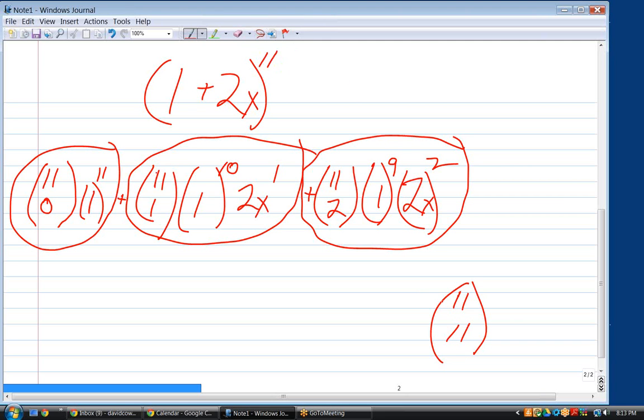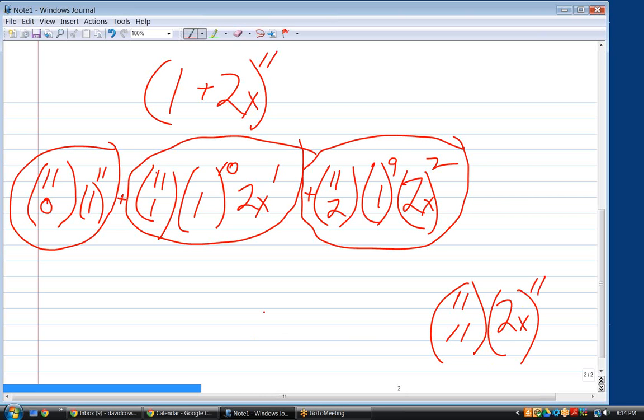So since there's 12 terms, the last term, r, needs to be 11 because it's counting from 0. So the 12th term is going to be 11 choose 11. And what else? Oh, no, it would just be times 2x to the 11? Yeah, and make sure you always put parentheses around there because that's real important. If I don't put parentheses around there, it changes it.